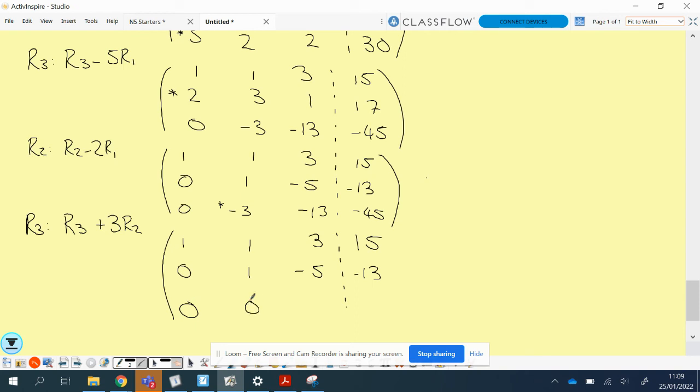Negative 13 plus 3 lots of negative 5, well 3 lots of negative 5 is negative 15, so negative 13 plus negative 15 is negative 28. Negative 45 plus 3 lots of negative 13, so that's negative 39. Negative 45 with negative 39 is negative 84.